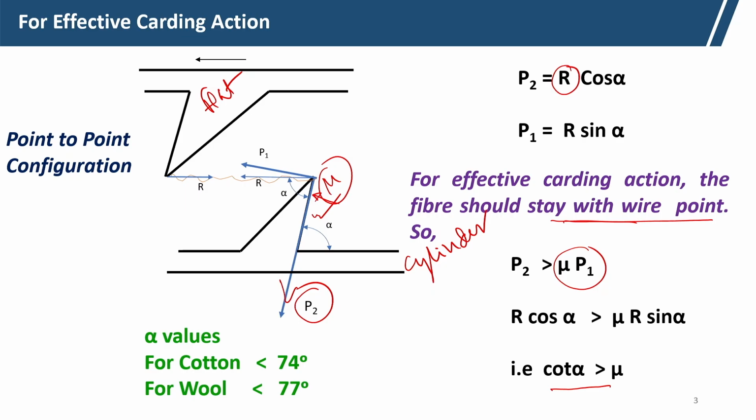And here we have already mentioned that for cotton it is less than 74 degrees, and for wool it is less than 77 degrees. It is a typical value of this.